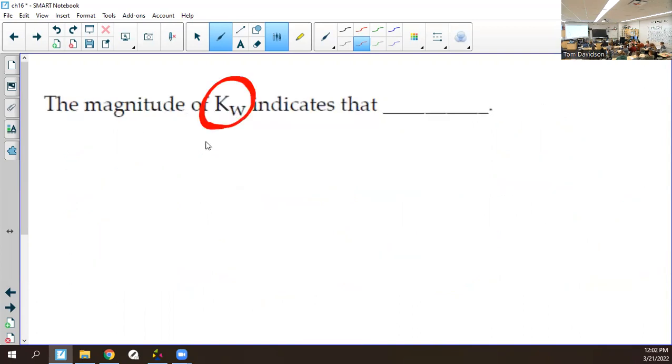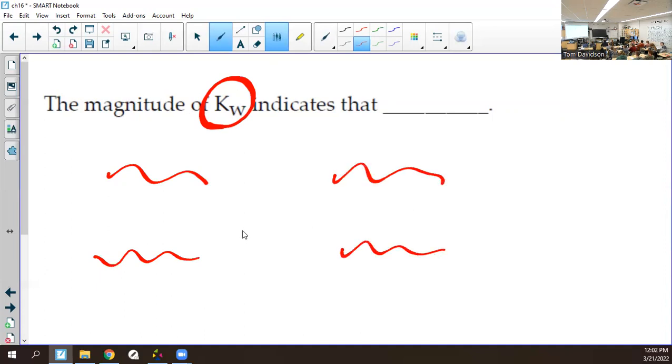The magnitude of KW indicates that, well, this is a weird question. I don't even know what the options are. It could be the solubility of an acid in water, something like that, most likely. What is KW? It is the equilibrium for water.